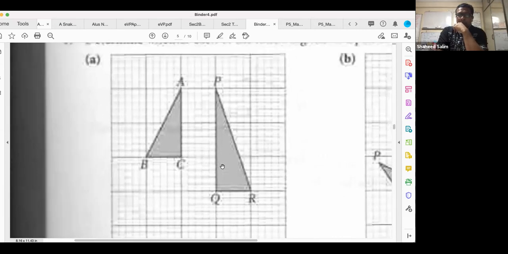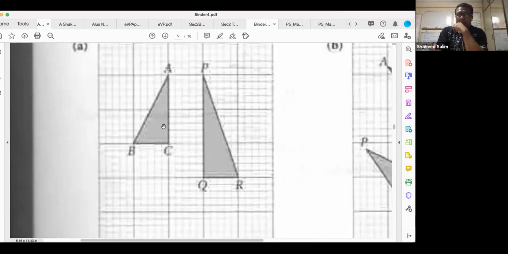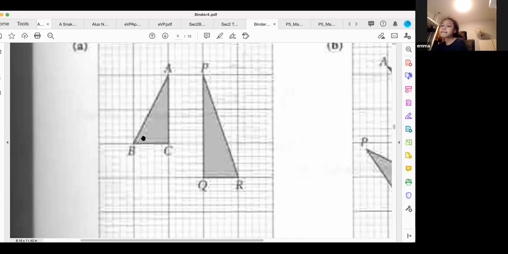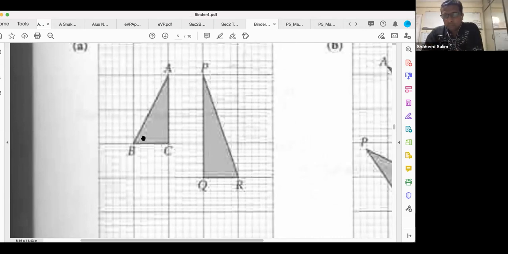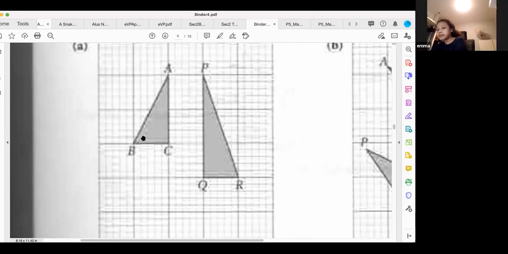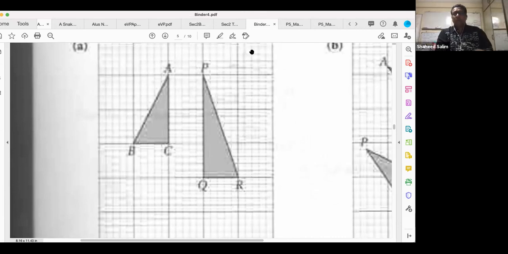This and this, they are equal, right angle. You got to determine whether this now is the same as this. Do you think they're the same? Yeah. Okay, so let us see. Down here now, we agree this is 90.